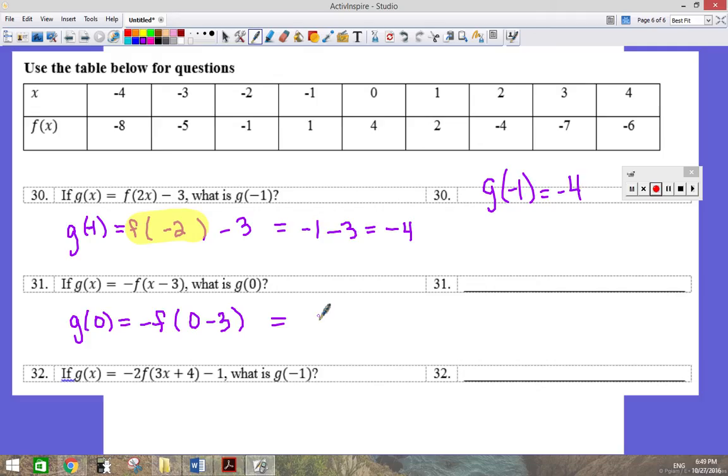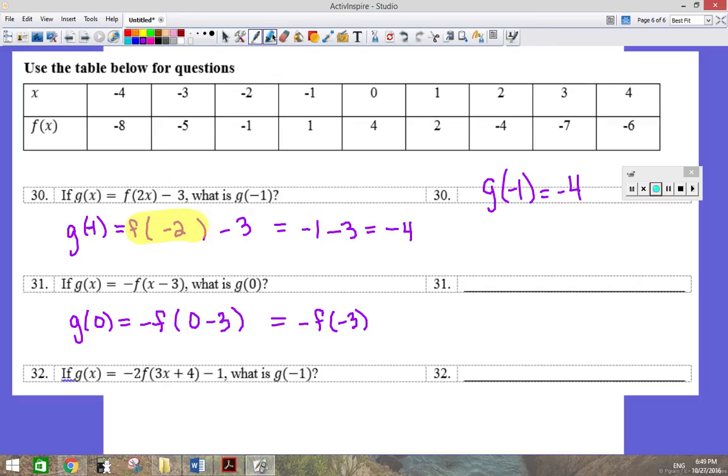I'm not shifting things to the left or the right, because I don't have an initial point to even shift. I suppose I could try to do things with the entire table, but this is just substitution. This is so much easier. So 0 minus 3 is -3.